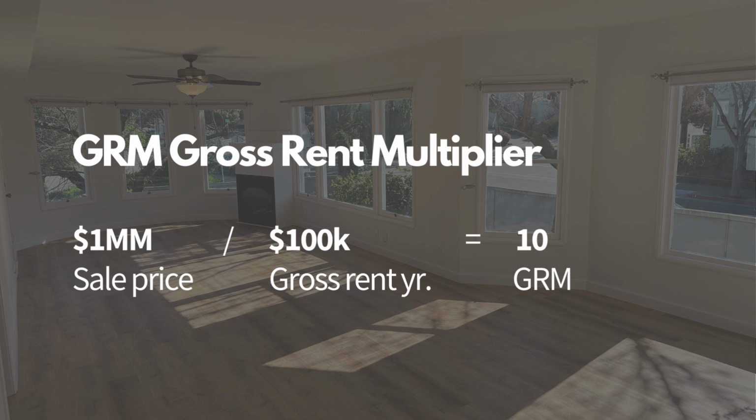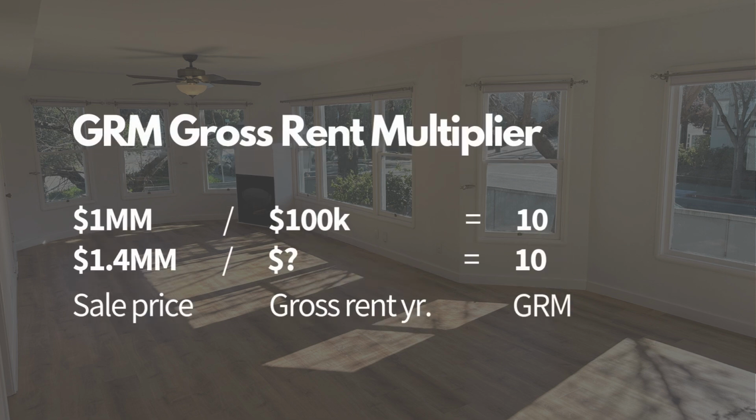As an example, if a property sold for $1 million and its gross rent for the year was $100,000, you divide the sale price by the gross rents, and you get a number, and that's your GRM.